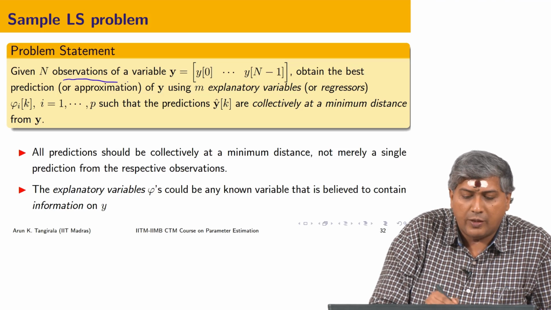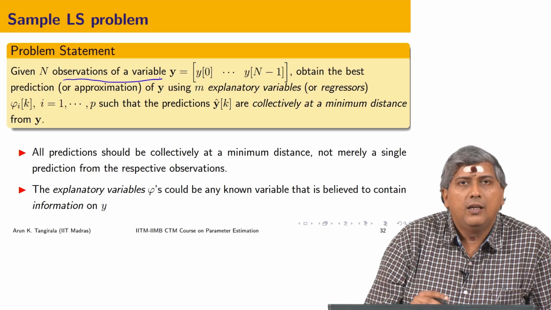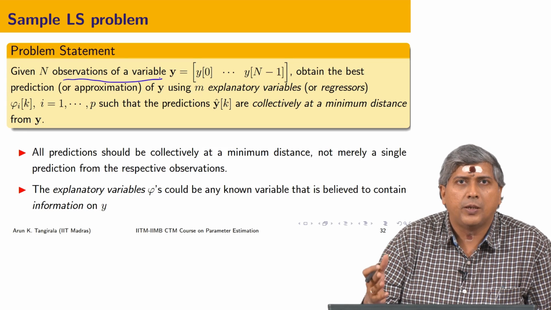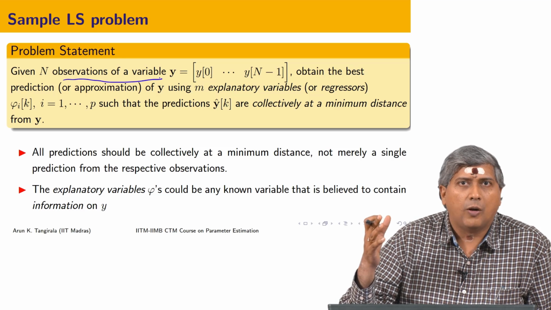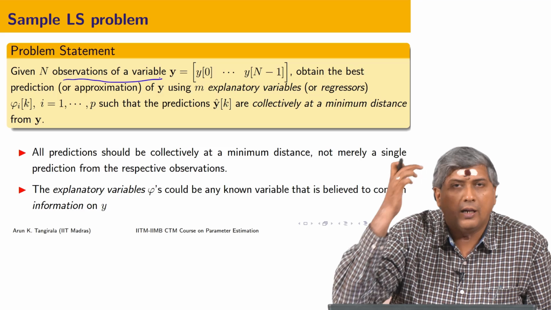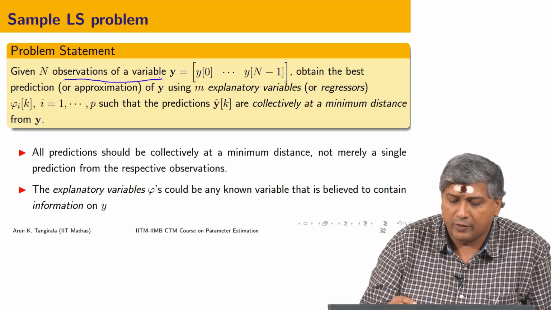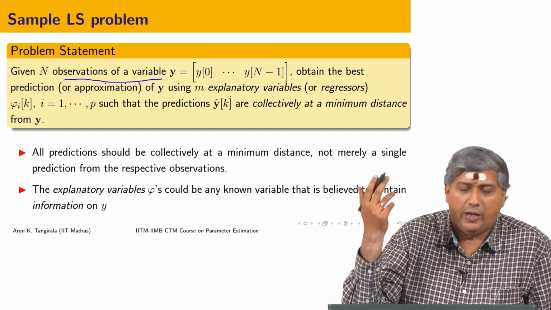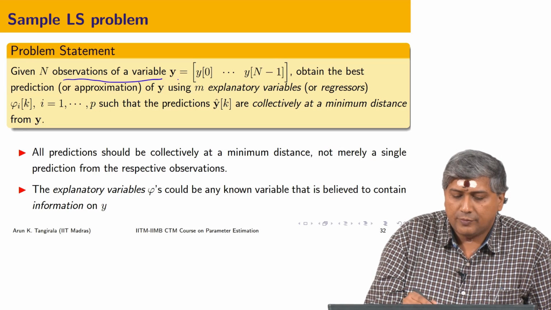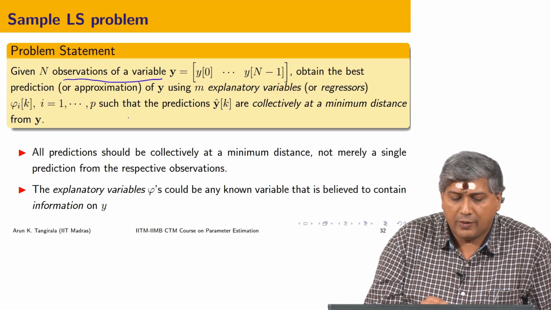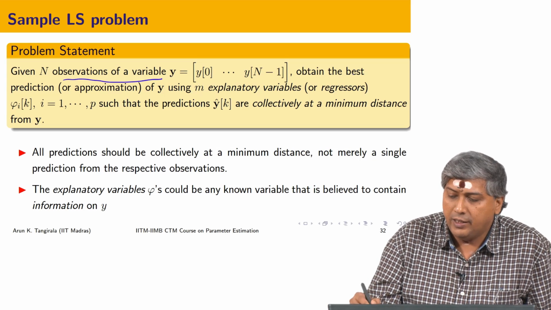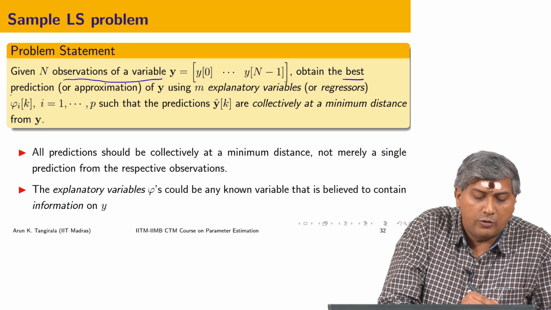We have n observations of some variable or a signal, and depending on what you are familiar with, you can think of this variable as temperature, pressure, price of a commodity, or income of a certain person, or it could be height of an individual, it does not matter, or the IQ of an individual, does not matter. So, you have n observations of this variable y, and what we are seeking is the best approximation. You can also use the term prediction.